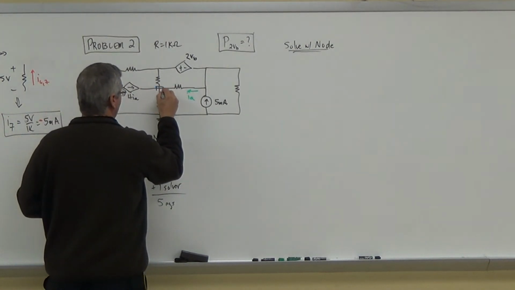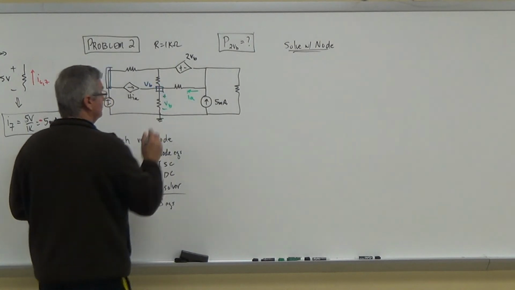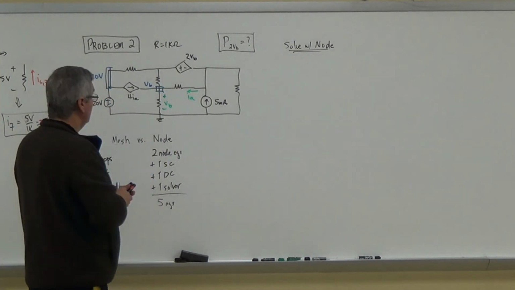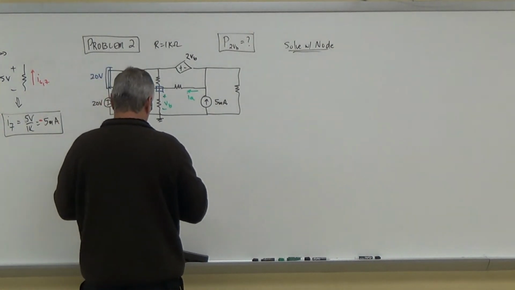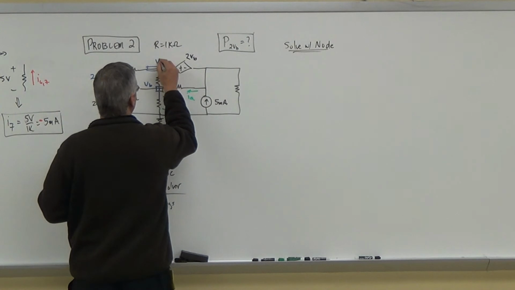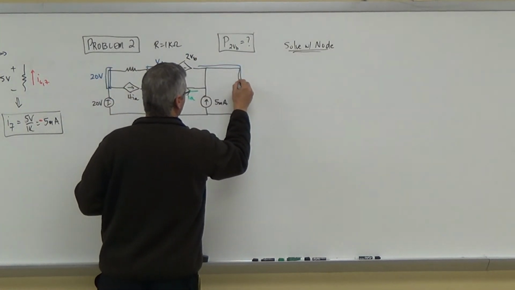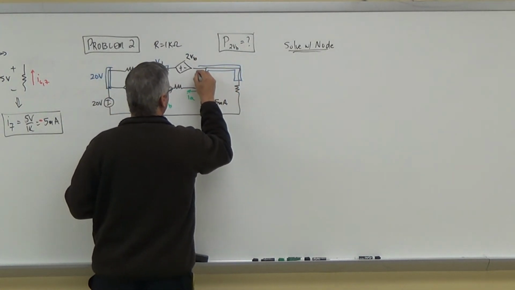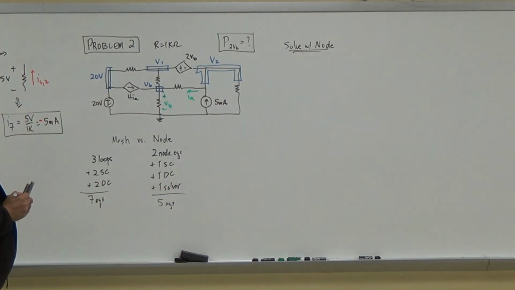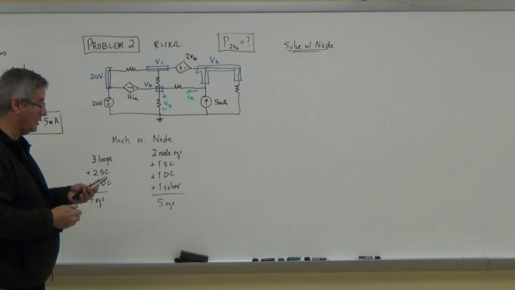This node right here, I'm going to define as VB. And then I have a supernode, and how about if I call this V1? This node here, I'm going to bring this all the way down just to make sure that we're clear, and then of course everything at the bottom is correct.